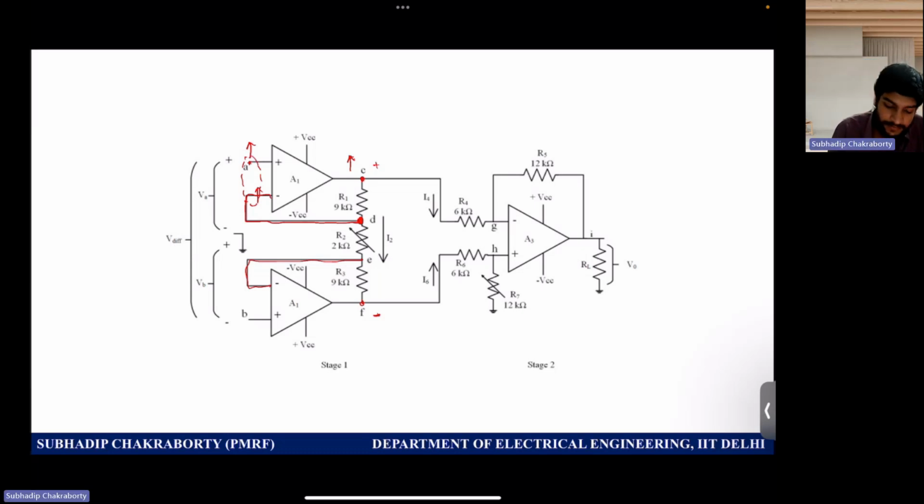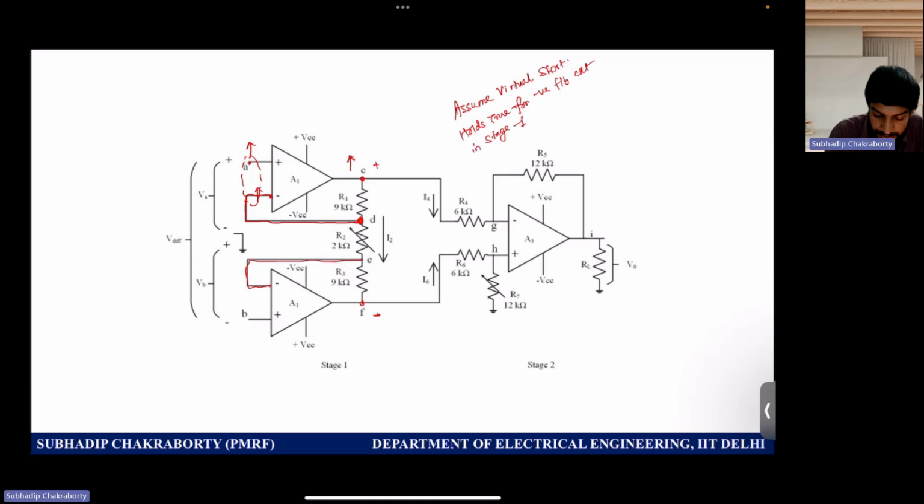So you can assume virtual short holds true for the negative feedback circuit in stage 1.